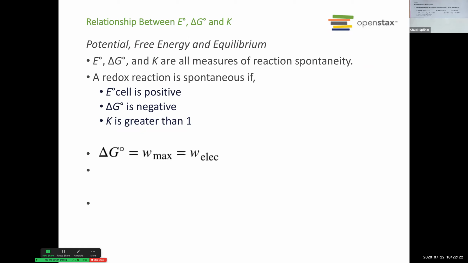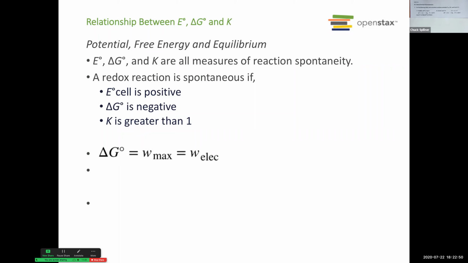Chapter 16, if you read the chapter, I don't think I said this in my lecture, but free energy is an indication of the maximum work that a system can do. And the maximum work the system can do occurs in a reversible reaction.